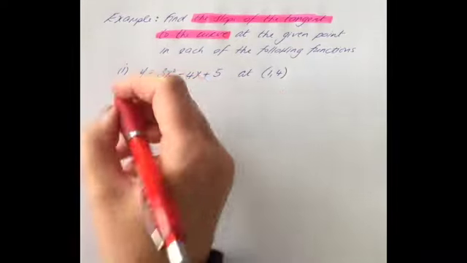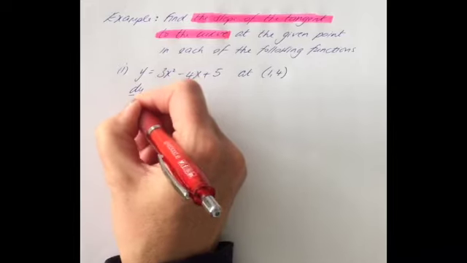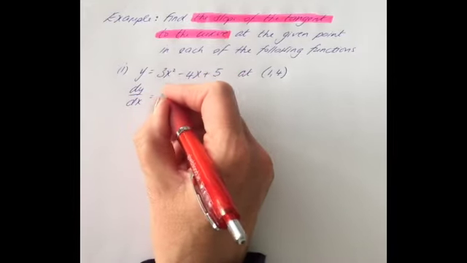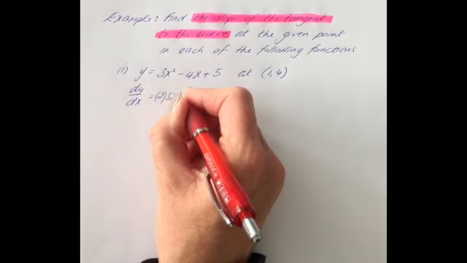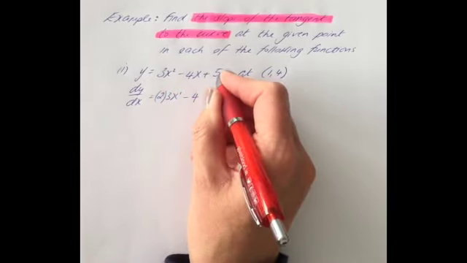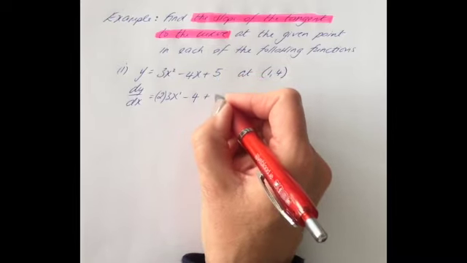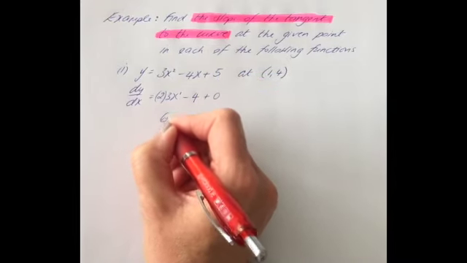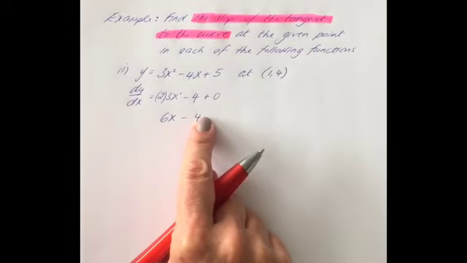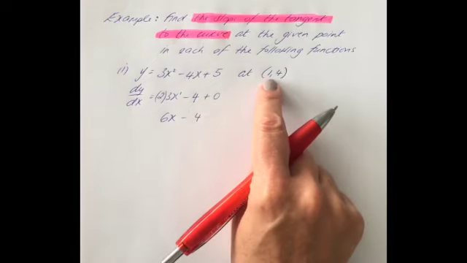So if we have y equals this, we'll differentiate, and therefore we'll get dy/dx equals, bring down the power, take 1 away, -4x becomes -4, and 5 as a number, of course, becomes 0. So we get 6x - 4. That's the form of the slope of every tangent to that curve, but we want the tangent that's at the point (1, 4).